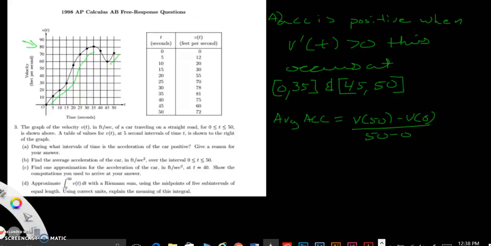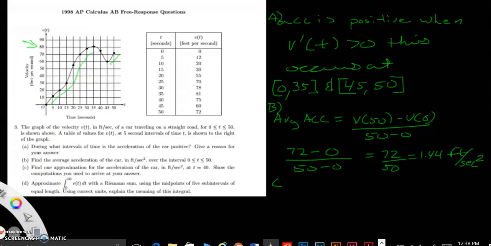So now when we do this, v of 50 is 72, v of 0 is 0, 50 minus 0, so you're going to get 72 over 50. You could leave it like that, or you could convert it to decimal, and it would be 1.44 feet per second squared. Okay, I did give the units, good.